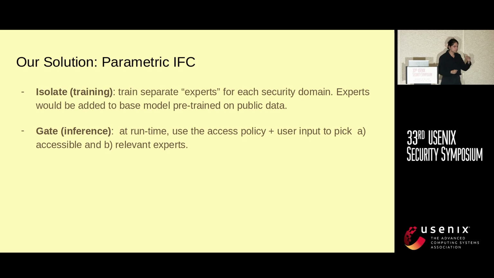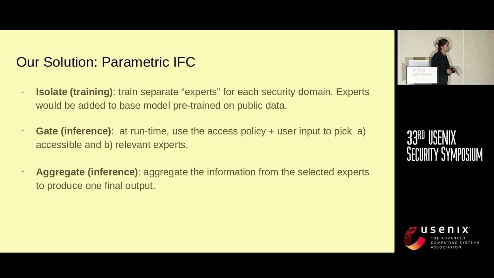And out of the accessible experts, it will shortlist a few experts that are actually useful for that particular input. Because not all accessible experts might pertain to the current input. So we want to shortlist further out of the accessible experts and pick out the ones that are actually useful for that input. So that is what happens during gating, which happens at inference.